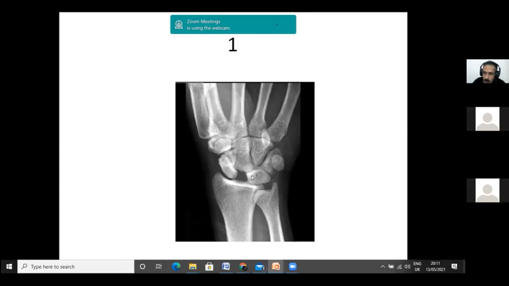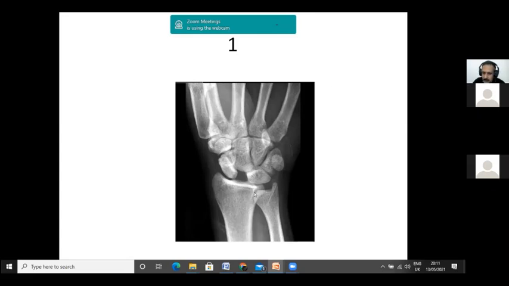So if this connection between the scaphoid and the lunate breaks, what happens to the lunate? Does it go down or up? Gautam, it's again to you. What do you expect, a VC pattern or a DC pattern? VC pattern and DC pattern mean how the lunate is going to face after a scapholunate injury.